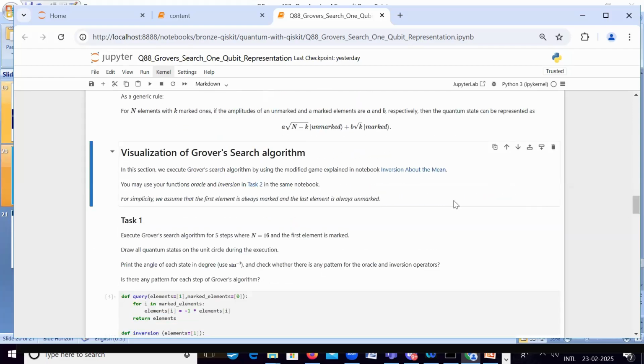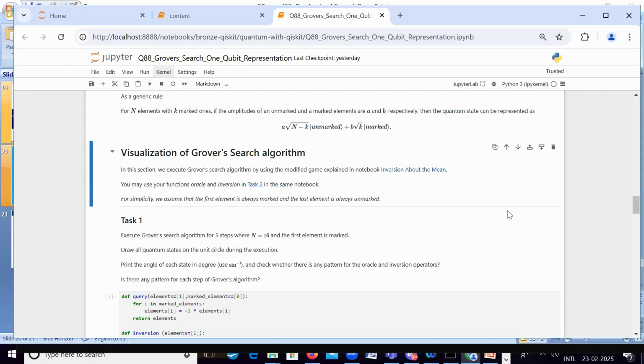visualization of Grover search algorithm is also possible using a similar unit sphere representation. In this section, we'll exhibit the Grover search algorithm using the modified game and the inversion about mean. Here we represented the state and the two different operations for a series of tasks up to 9.